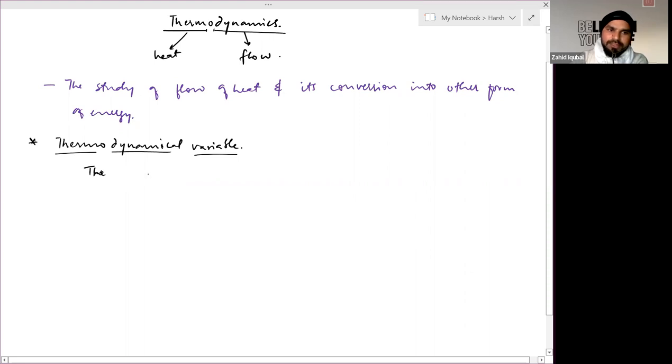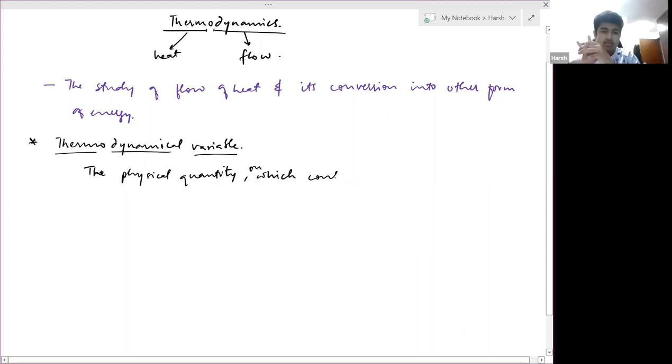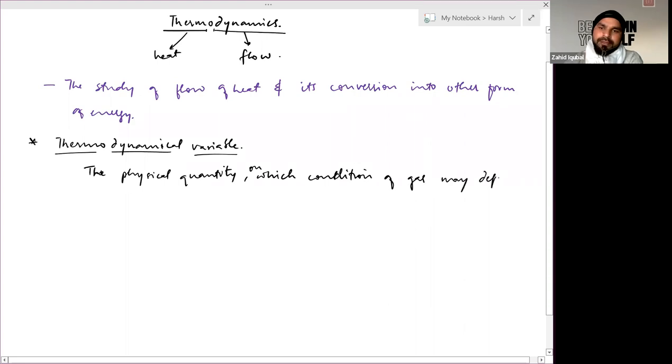The physical quantity on which the condition of gas may depend is called thermodynamical variable.